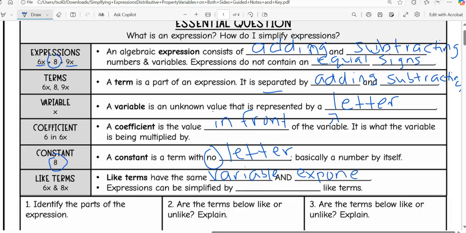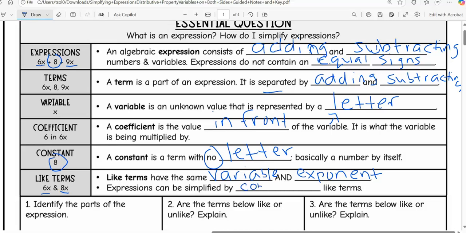You'll need to know this later on, but pretty much they have the same letter. In this case, there's 6x and 8x. Both of them look the same, and so you can combine them.